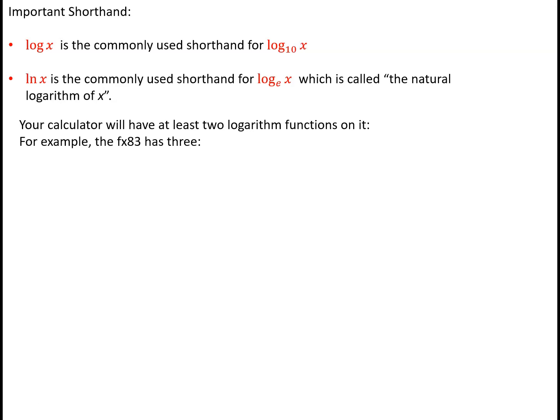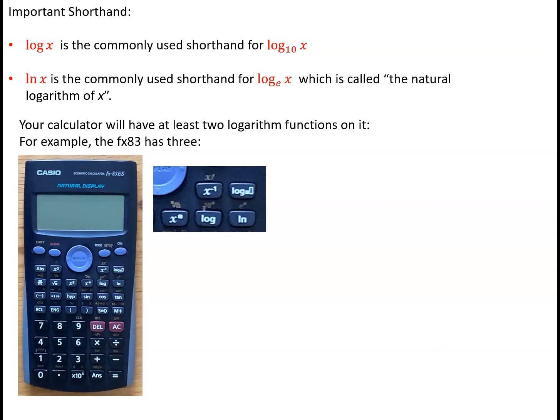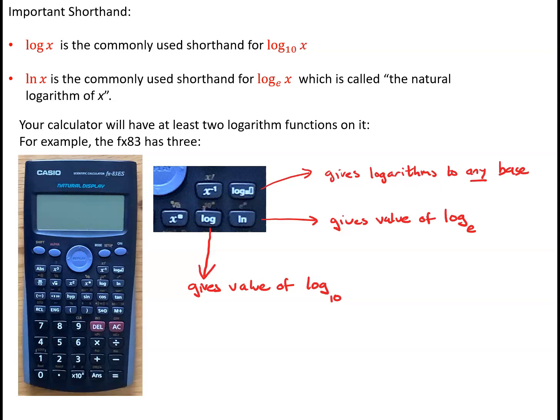Now your calculator will have at least 2 logarithm functions on it. If we look at, for instance, the fx83, the 3 are very easy to find. If we look in that top hand corner there, the first one we can see gives us the logarithm to any base. Then we've got the value of the natural logarithm, that's log to base e of x, is the ln button, and the log button gives us the value of log to base 10 of the number that we input.